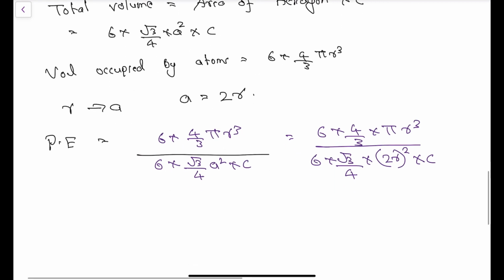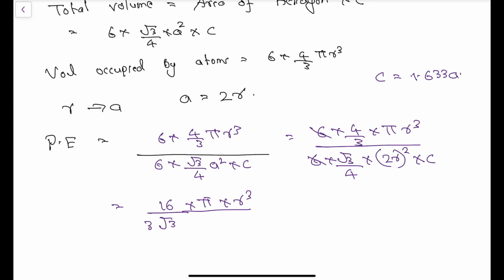And we have already seen that c is equal to 1.633a. So this is equal to, 6 will be cancelled off, 16 divided by 3 root 3 into pi into r cube divided by 4 into r square into c.